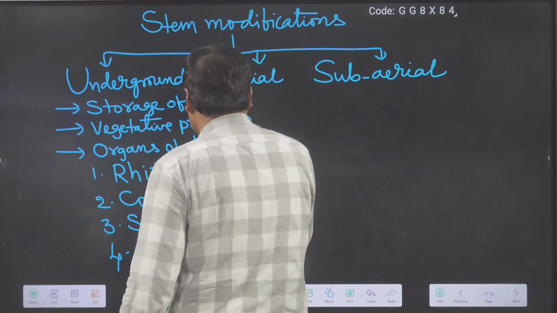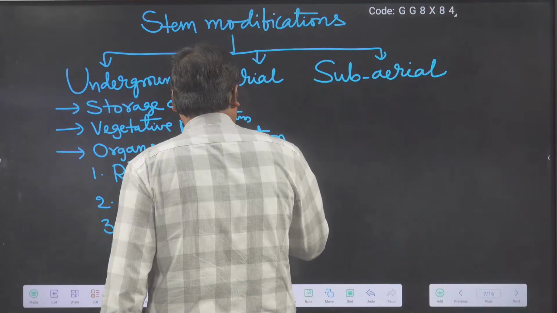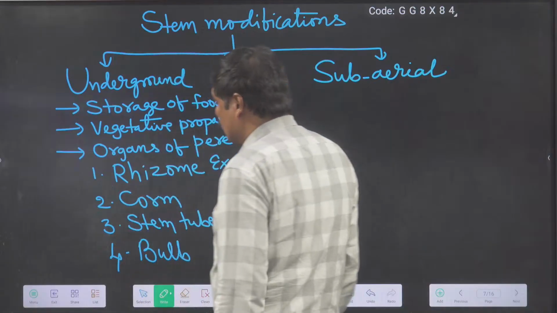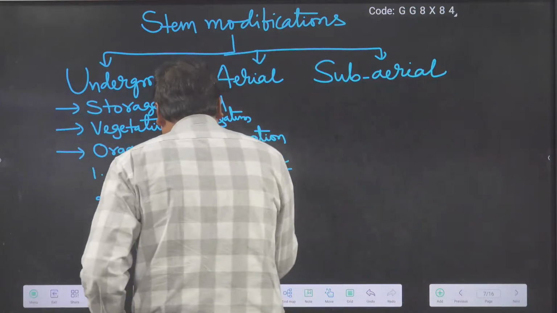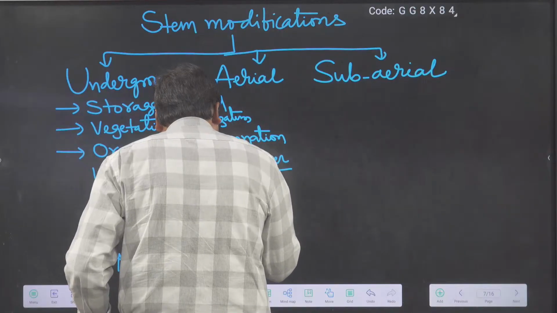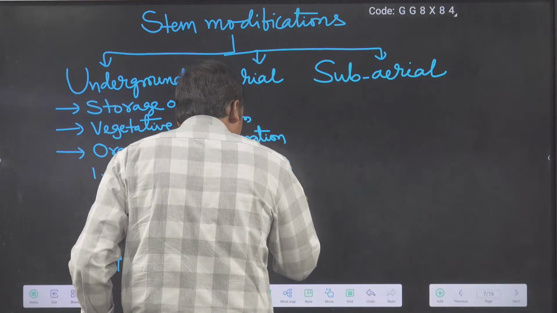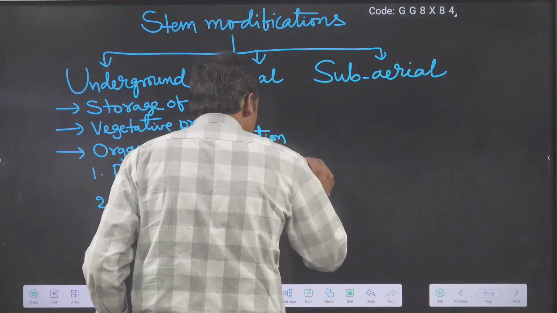For example, ginger and turmeric are examples for rhizome, horizontally growing underground stem. Vertically growing underground stems are called culms. Best examples are Jaminkand and Colocasia.